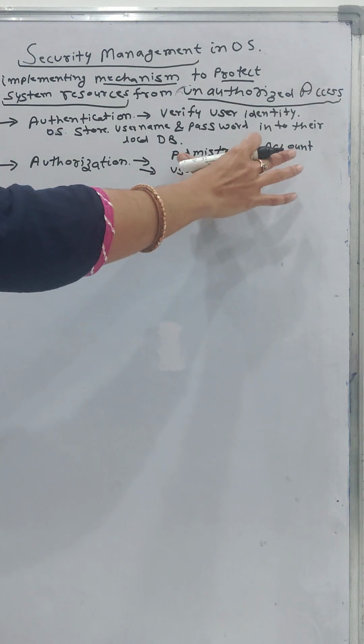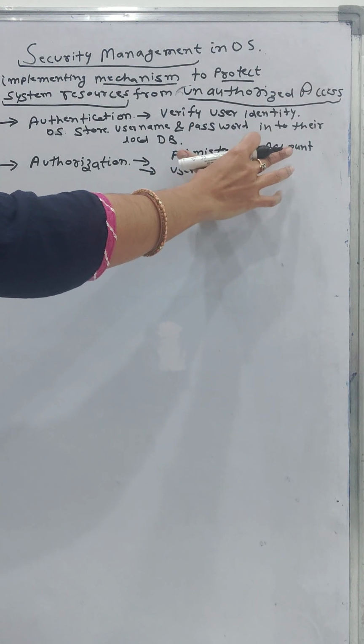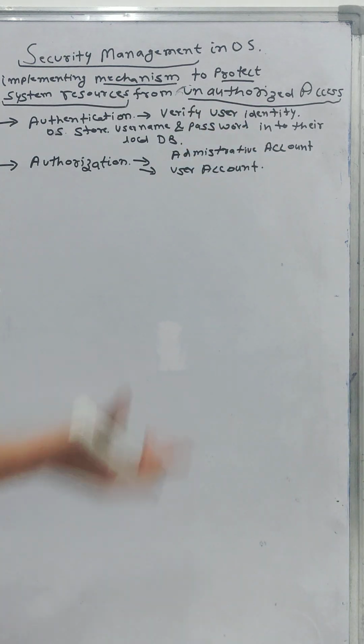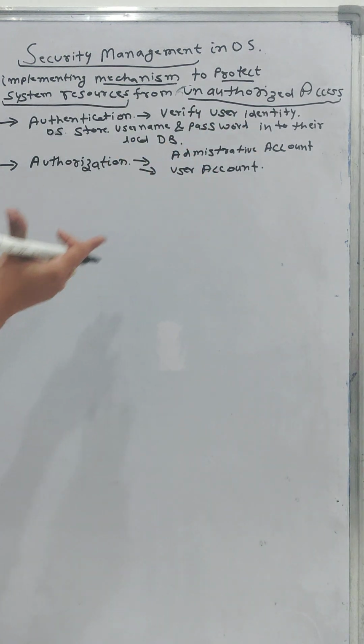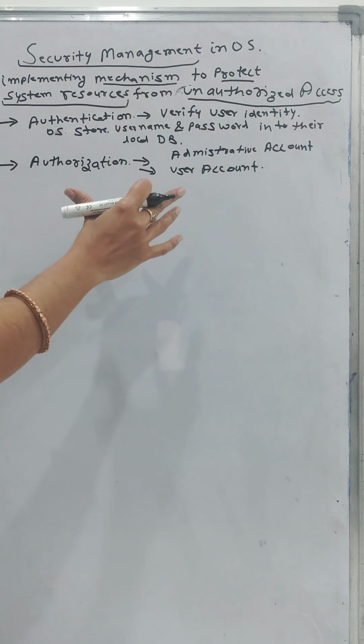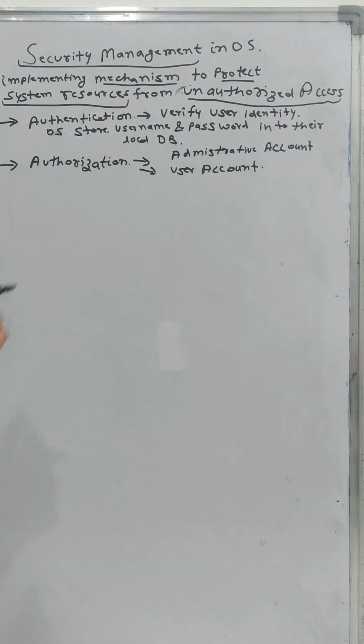The administrative account will have permission to make changes to the system. Like they can install any software, but a user cannot install software. This kind of authorization the OS will provide.